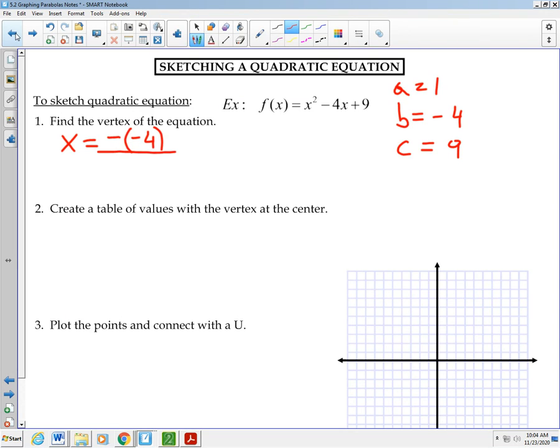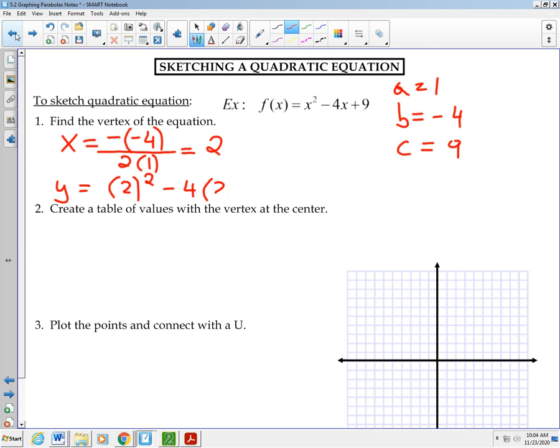And if you calculate this, x is equal to 2. Now, once you know x, you can find the output. You can find y. So to get y, you will do 2 squared minus 4 times 2 plus 9.